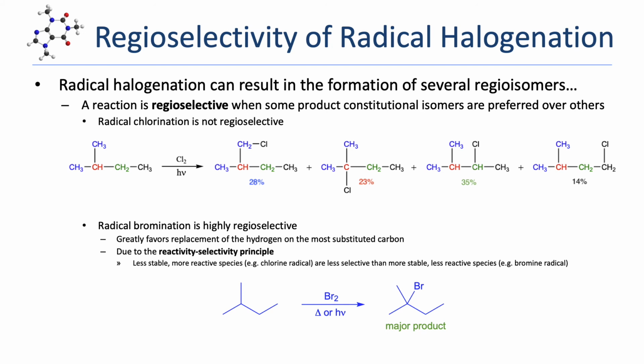And can you see how this actually solves the problem of multiple halogenations, at least in this specific example? There's technically nothing preventing the halogenated product from reacting further, replacing even more of the hydrogens on that structure. So as the reaction progresses, more and more of that 2-bromo-2-methylbutane product is going to form. Its concentration is going to go up, and the concentration of the 2-methylbutane is going to go down.